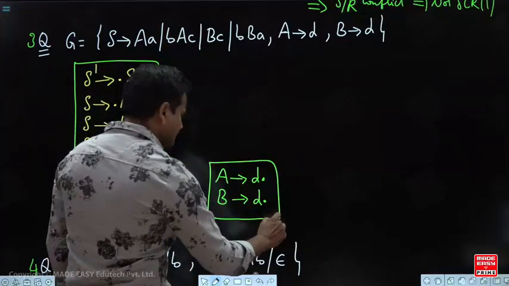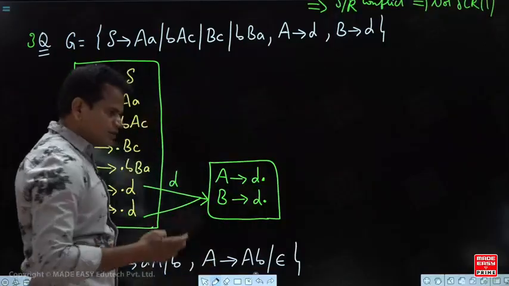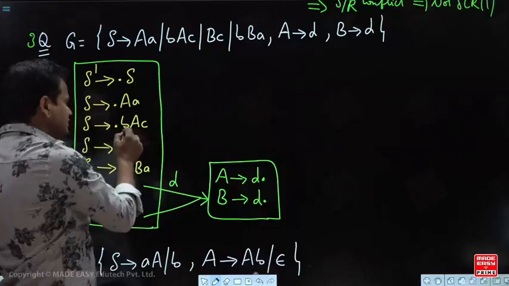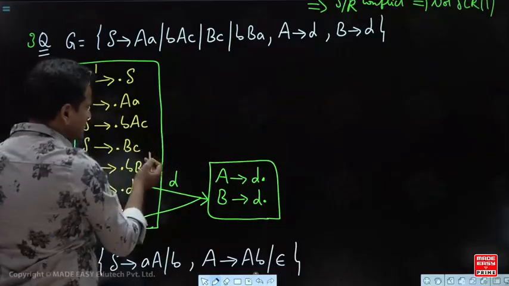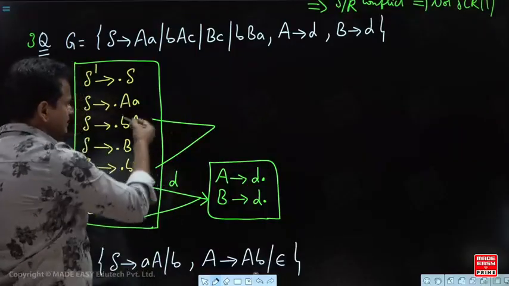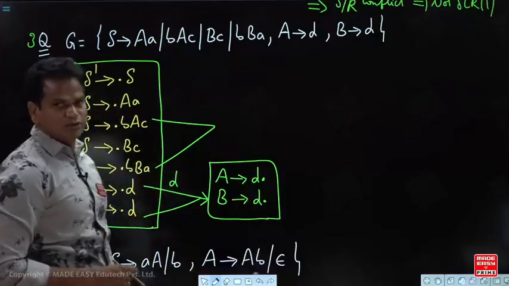Now you check for conflict. If you don't get the conflict here, then don't decide that it is SLR of 1. Then go for the expansion of the remaining. Suppose on S you don't get, on A you don't get, on B you don't get, because they are the single items. So there is only a chance of getting the conflicts for this B when you write the goto on small b.